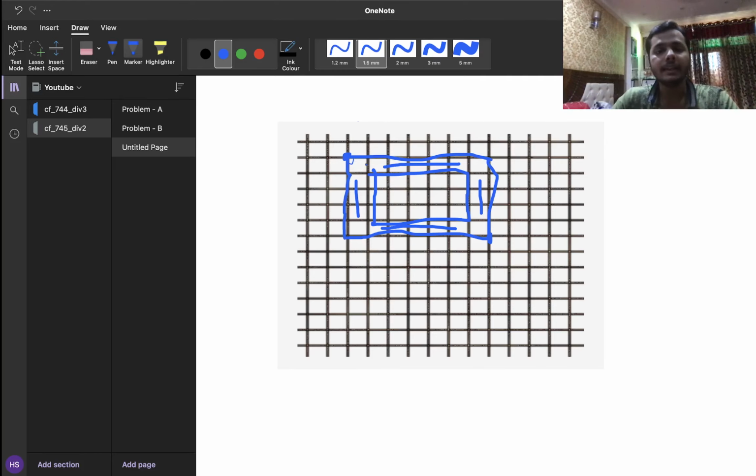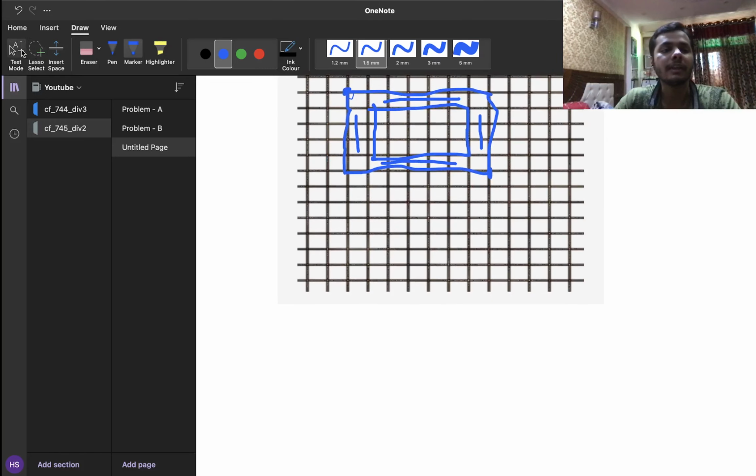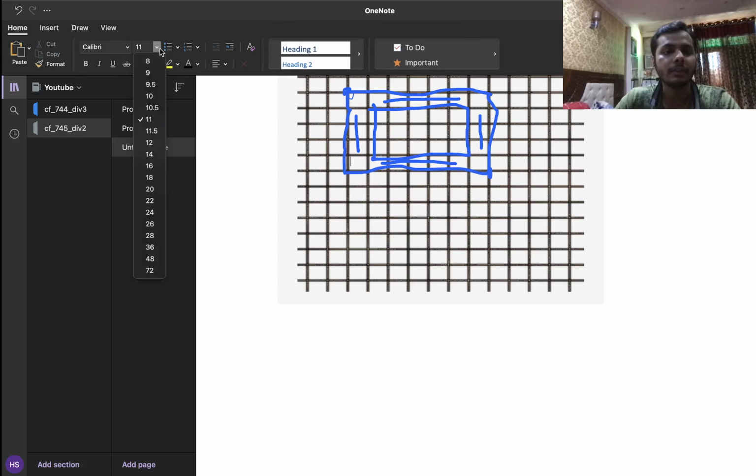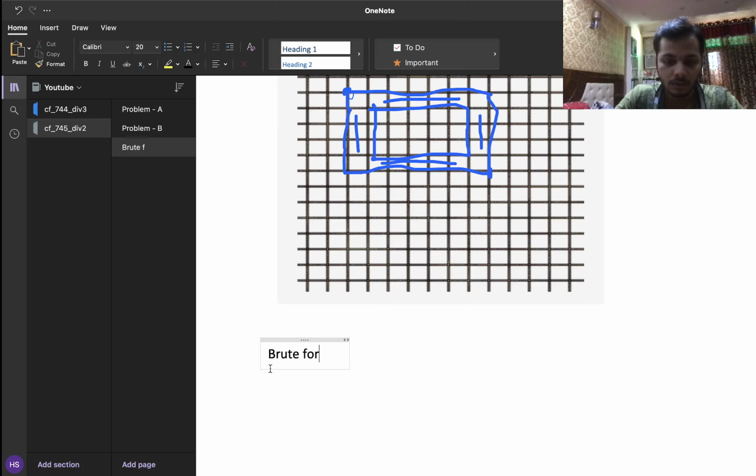So basically in quadratic time I am iterating over all the rectangles, and in linear time I am calculating the value for each rectangle. And that means my total time complexity for this brute force solution is big O of n cube m cube, right?